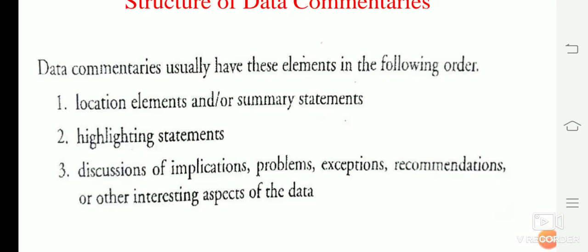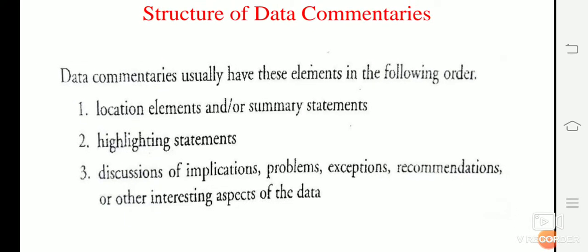So usually in the data commentary, everyone, you have these elements: the location or summary statements, then highlighting statements, then discussion of the implications, problems, exceptions, recommendations, or interesting aspects of the data.